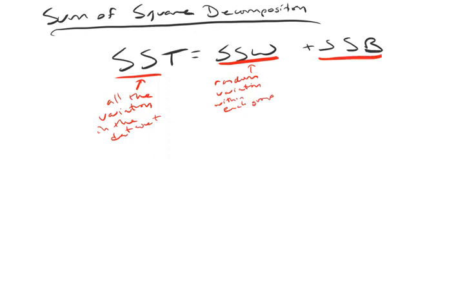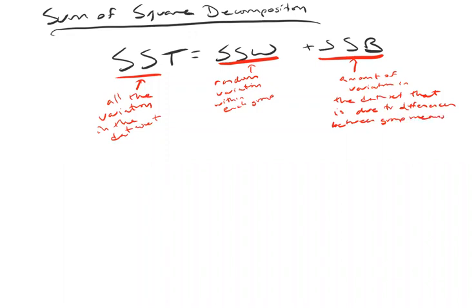And SSB represents the amount of variation in the data set that is due to the differences between the groups, or let's say between group means.